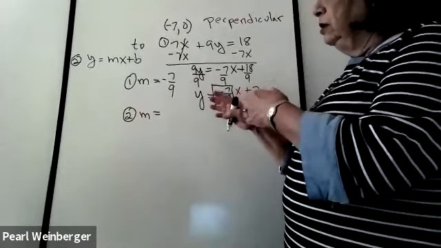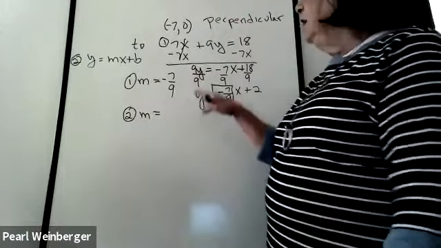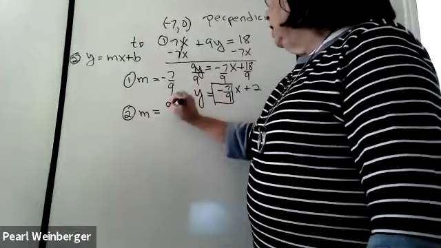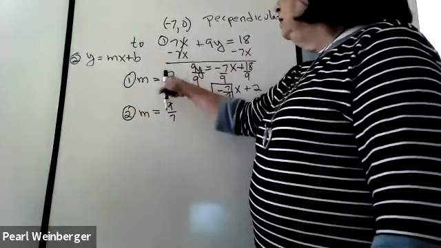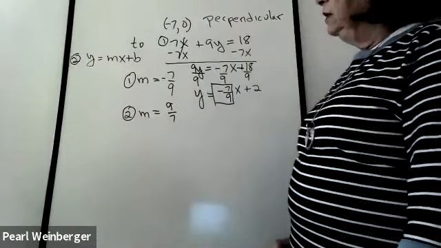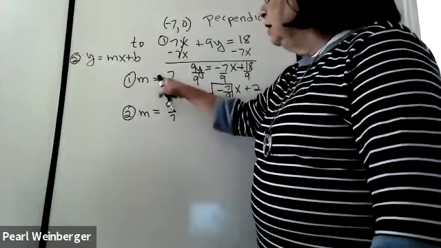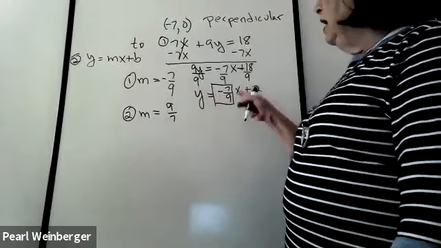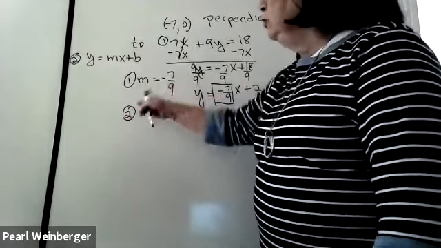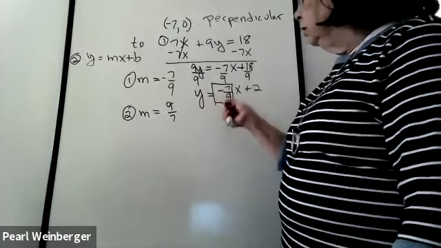And when we know lines are perpendicular, their slopes are flipped over with opposite signs, opposite reciprocals. I flip this over, so I get 9/7. And since this one is minus, this one has to be positive. They're opposite signs. This is what means the lines are perpendicular. So getting the slope of the original line gave me the slope of my new line. It wasn't the same number, it was the opposite reciprocal.